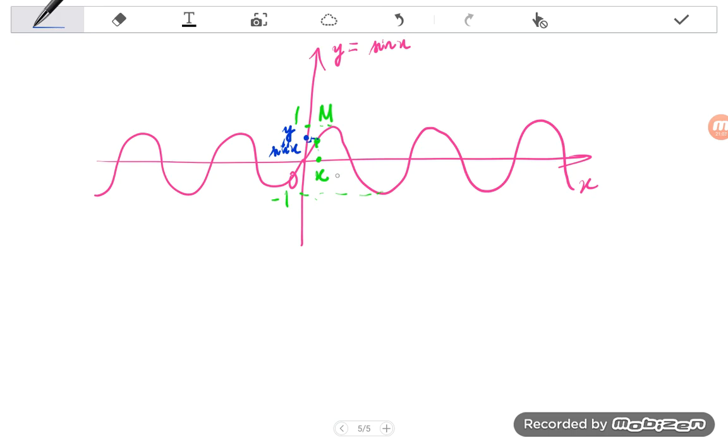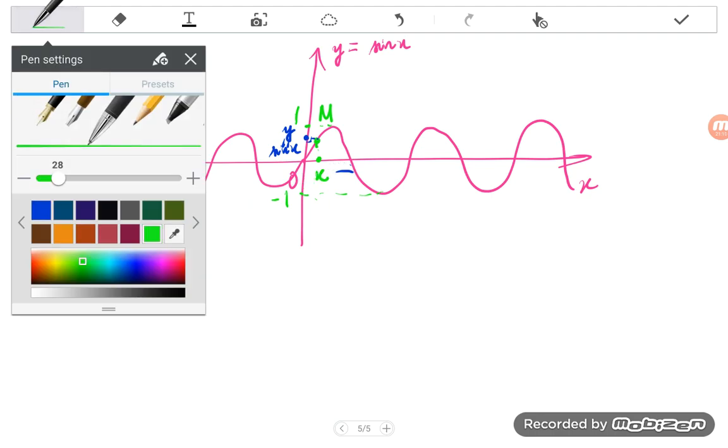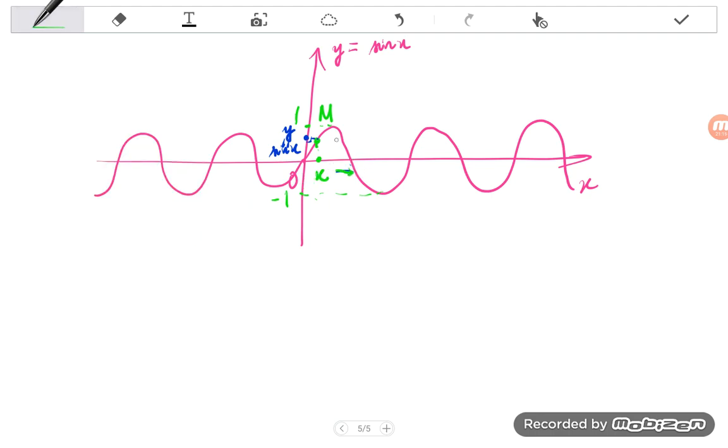What will happen when x becomes larger and larger? When x becomes larger and larger, M will move along the graph. And of course, when M moves along the graph, y will change. How can y change? The value of y will change between minus 1 and 1.